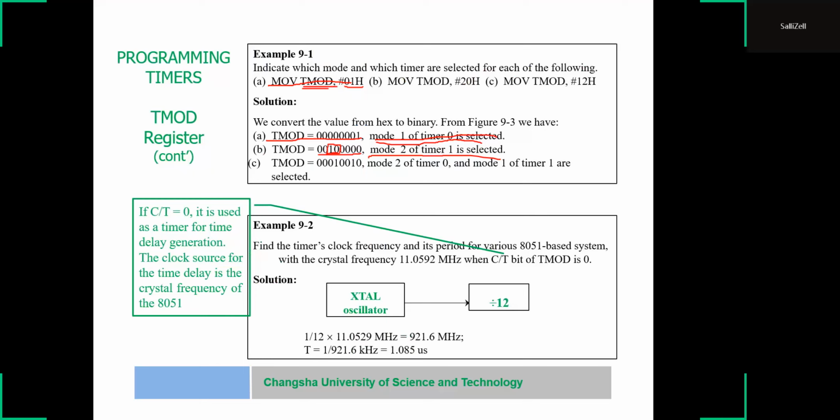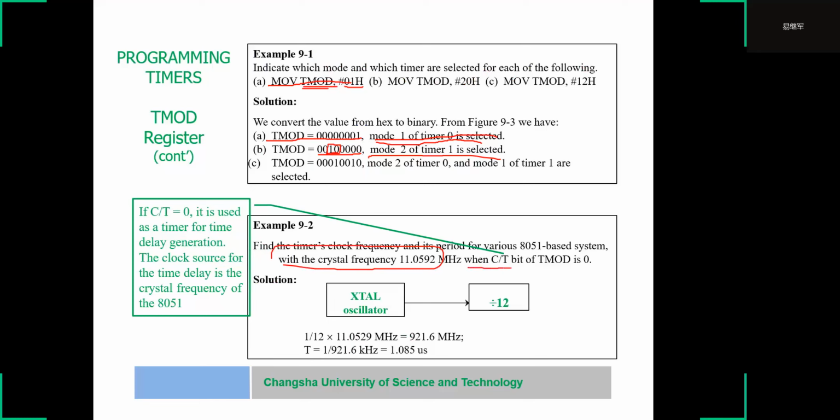This is another example. Find the timer's frequency and its period for various 8051-based systems with the crystal frequency.